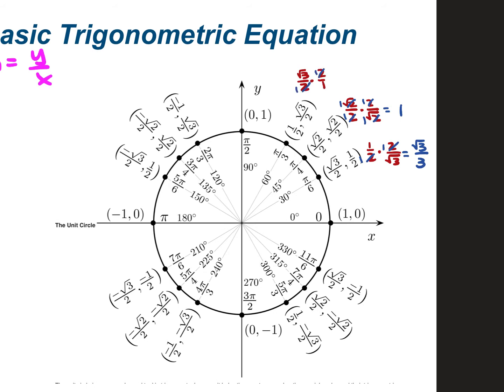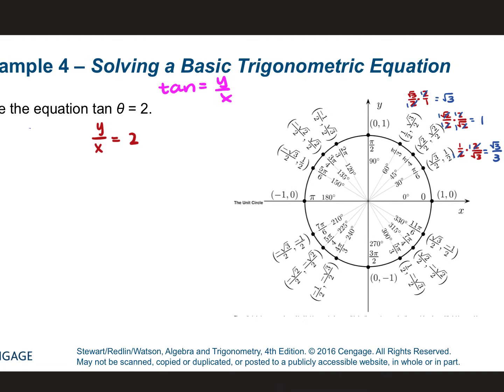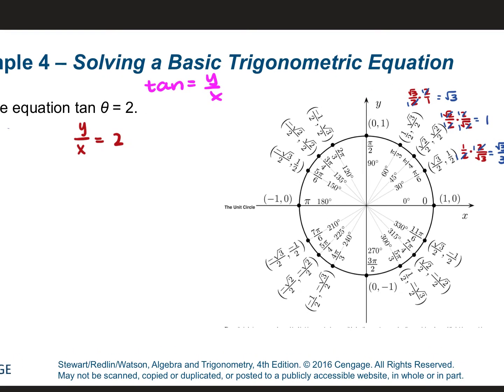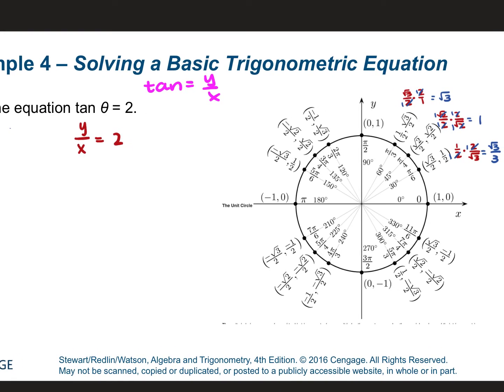These 2's cancel out to become 1's, and it's just giving you the square root of 3. So doing that kind of helps look at this in a better way. We're looking for when y divided by x is 2. Are any of those 2? No, that's not possible. So this would just be no solution.